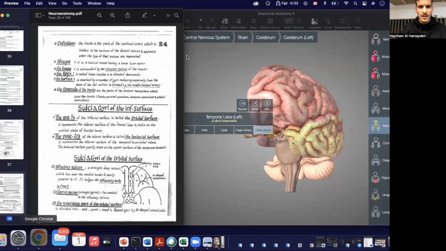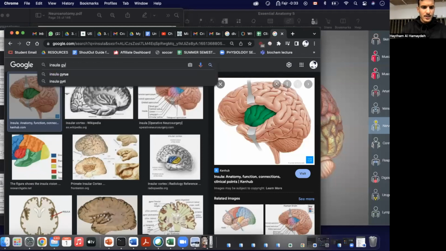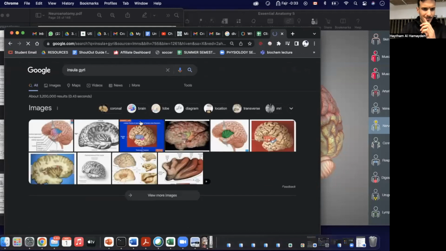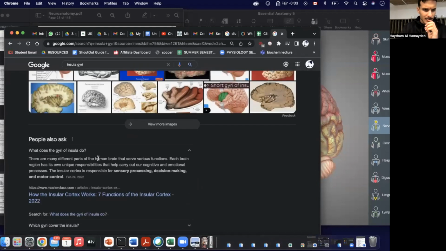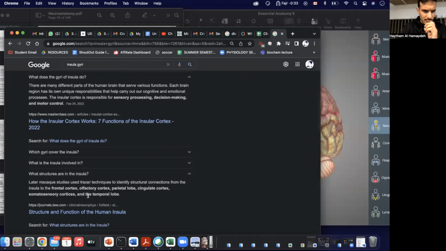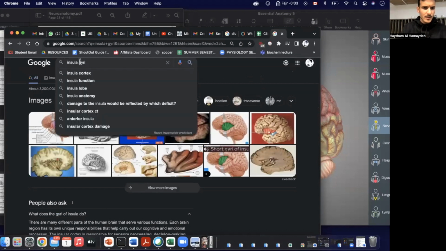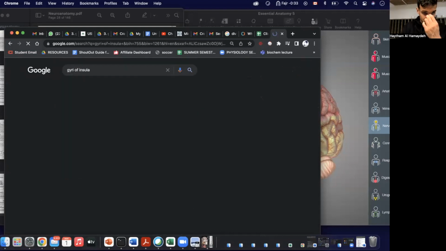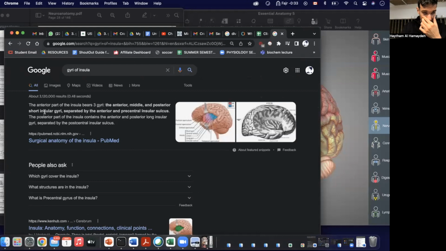If I say insula gyri, yes, you see, you have the three gyri, the anterior, middle, and posterior short insular gyri, separated by the anterior and the precentral insular sulcus.